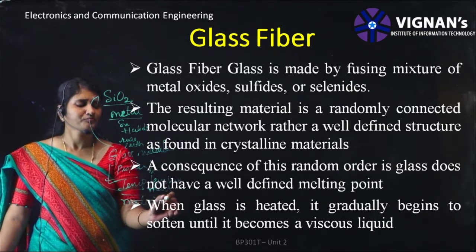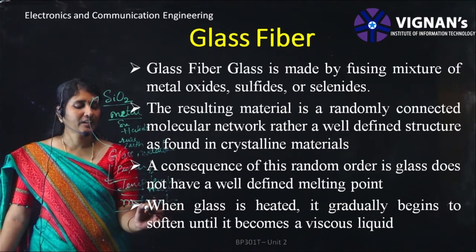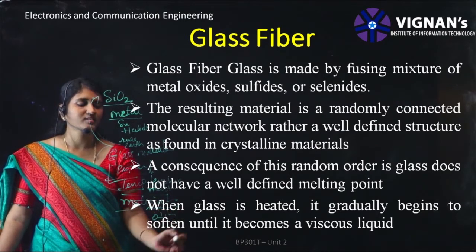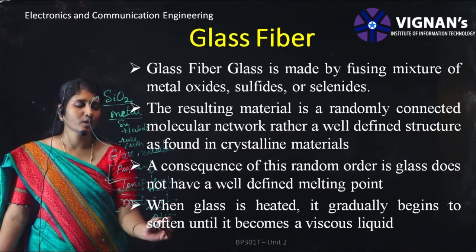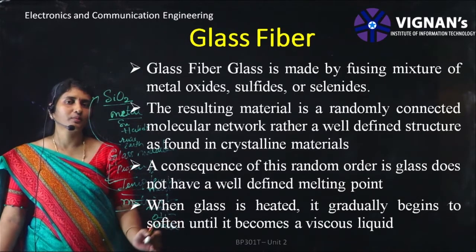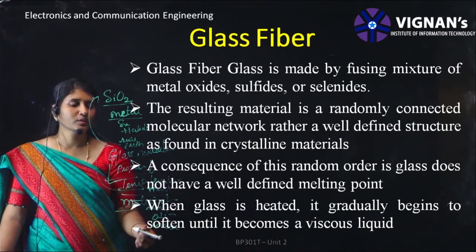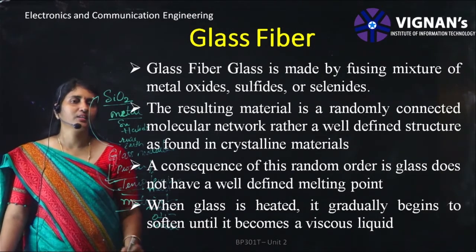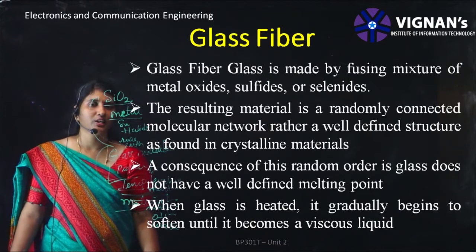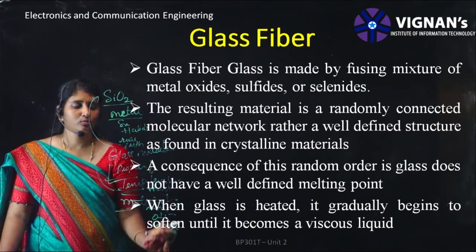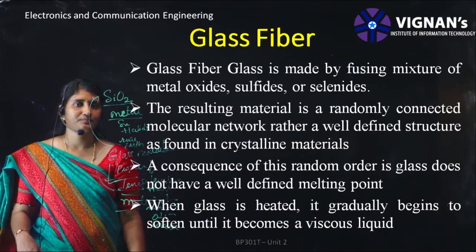That means some extra metal elements may get mixed up, or some OH minus ions can get included. That means water particles. Even water particles remaining in the glass preparation will affect the information carrying capability of the fiber we are going to prepare. So these are the basic things.